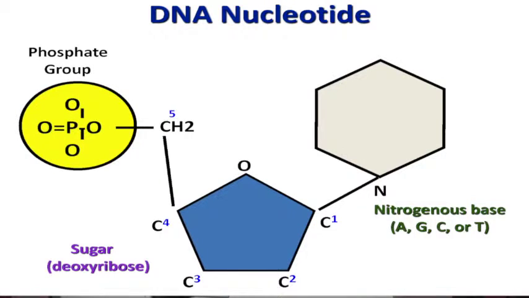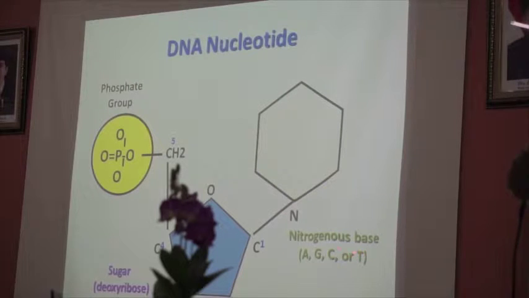Nucleotides actually have components: the phosphate group, the sugar, and the nitrogenous base. Adenine, guanine, cytosine, or thymine, also uracil, actually have the same two parts of this component.